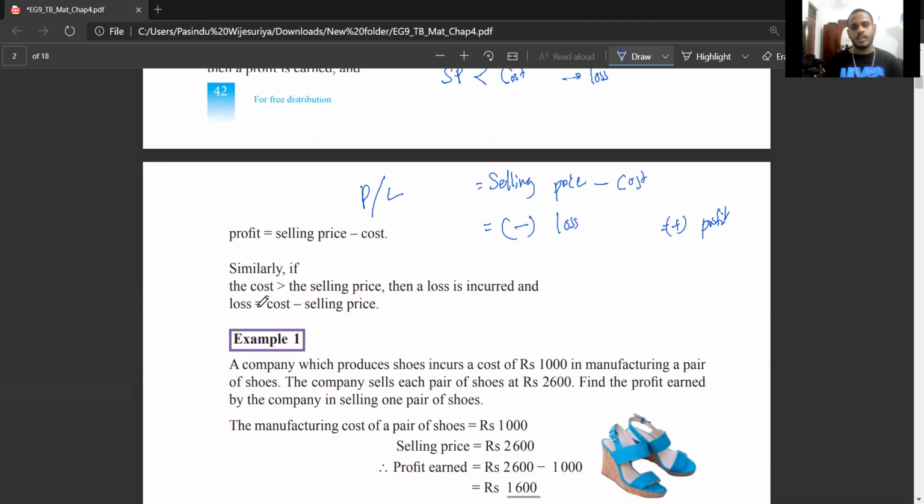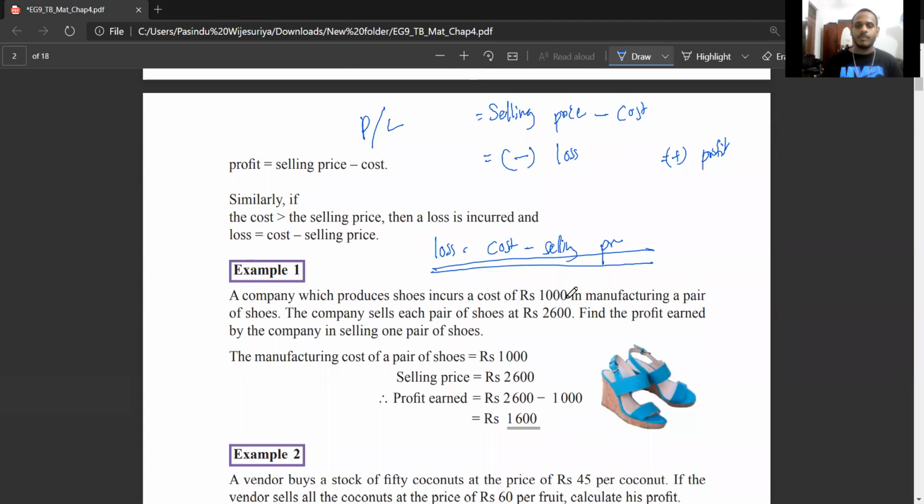So exactly, it's either way. If it's a loss, you could say cost minus selling price. It's the same. Even when it's a loss, it's a negative value, but you can consider it as a positive when you are saying it in terms of a loss. So you can say loss equals cost subtracted by the selling price.